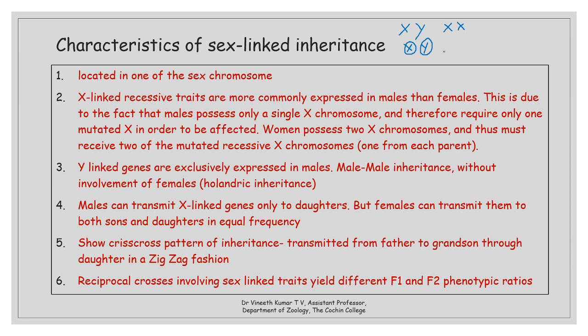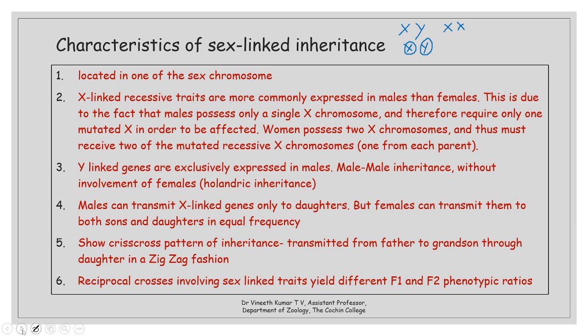But when you see the case with females, one of the X chromosomes will be donated by the father, because the father can give only the X chromosome to a female, and the mother will give one of her X chromosomes. So females have the contribution of the X chromosome from both the parents, from the father as well as from the mother. But in the case of males, they receive the X chromosome from the mother and the Y chromosome from the father.